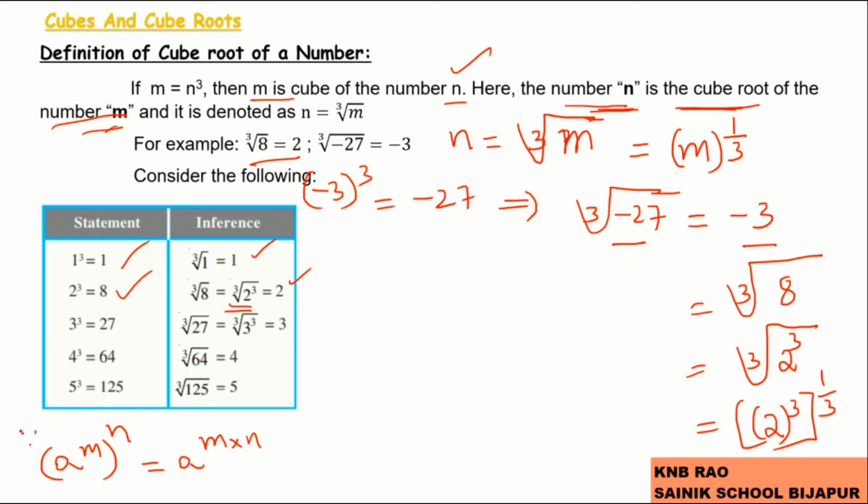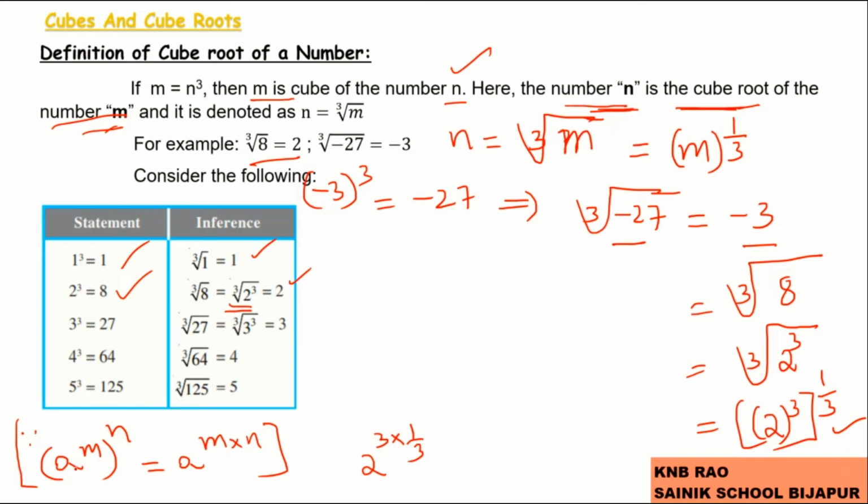So, if you remember this law of exponents, I can apply it in this case, which can be written as 2 power 3 into 1 by 3, where this 3 acts as m and this 1 by 3, which is the power outside, acts as n.